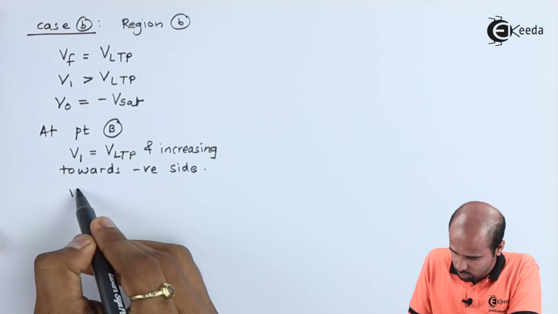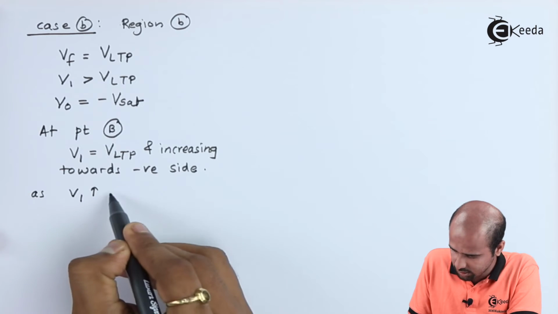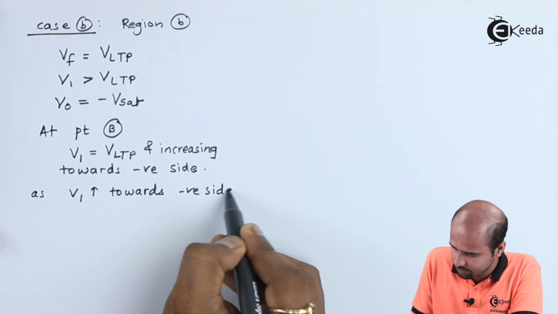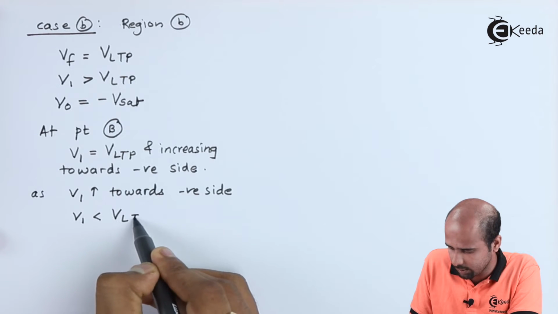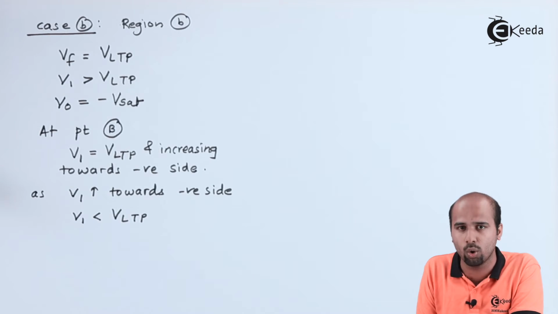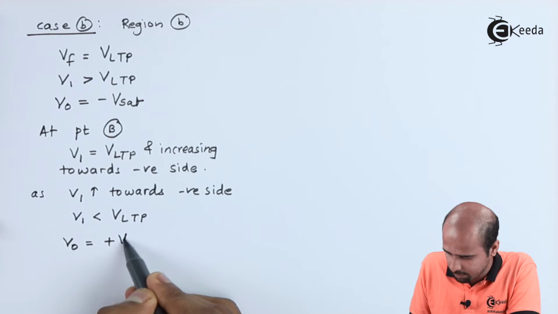So now as V1 increases towards the negative side, V1 will be less than VLTP. Now as soon as V1 is less than VLTP, the comparator gets to know that there is some change in the difference input voltage so as to change the output voltage. So I will say your output voltage will now become again plus Vsat.